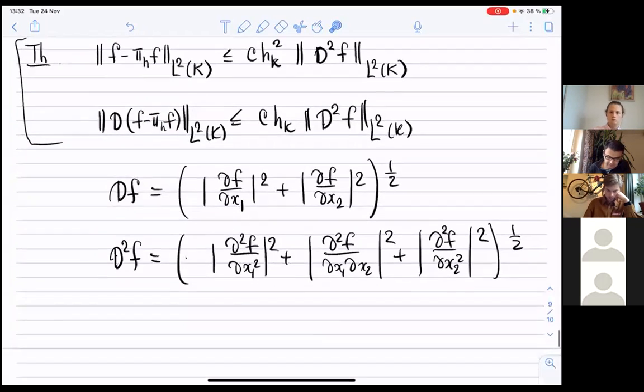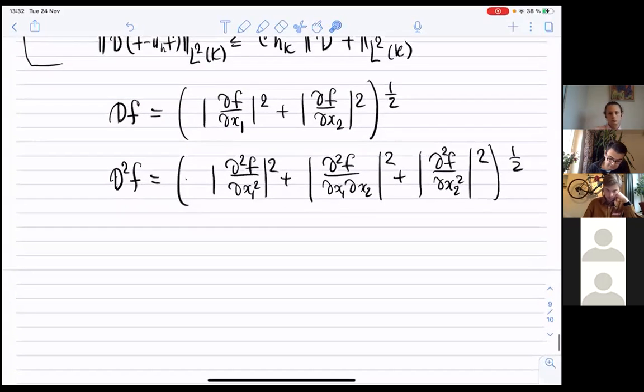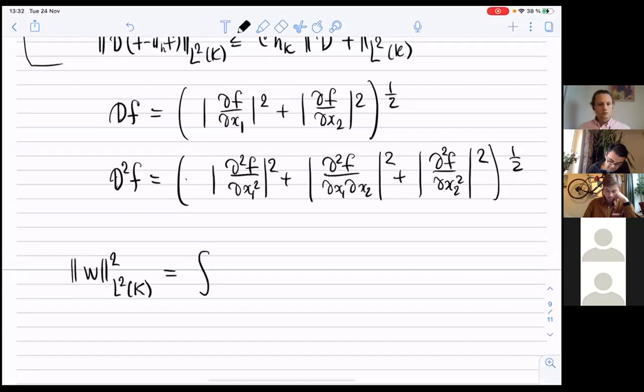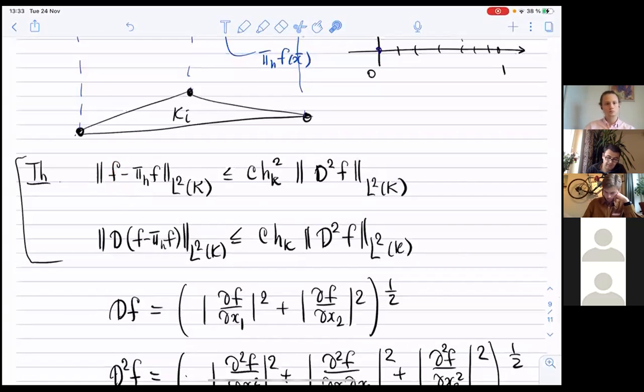All right, so there is one thing that I have to mention. This L2, it's an integral, so I can quickly say that the norm W squared L2 K is an integral of W squared dx on K. And we see that this function f in this situation could be any smooth function, so it has many derivatives.